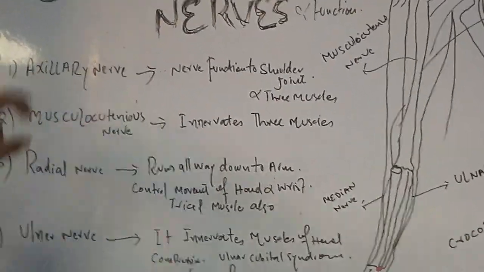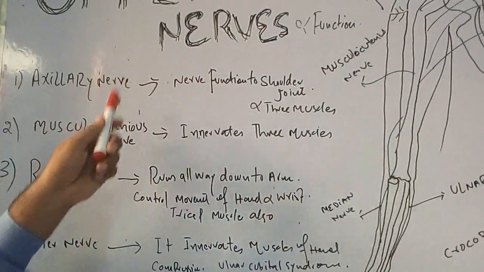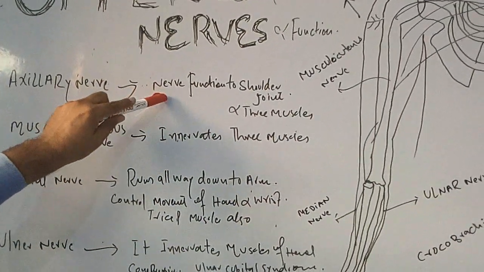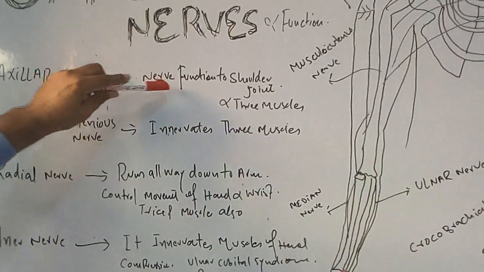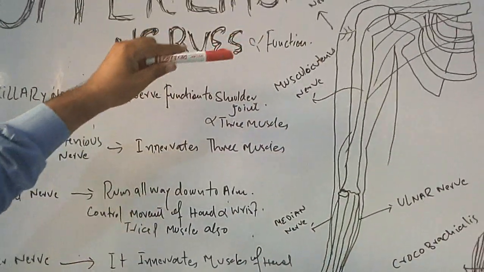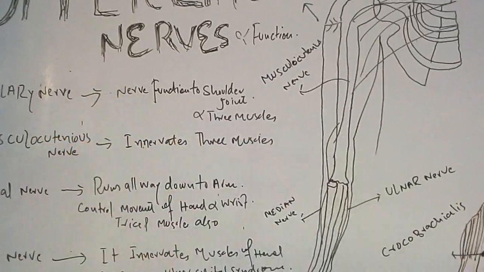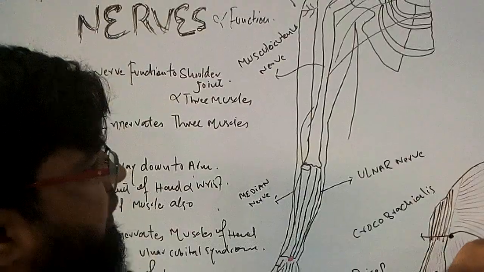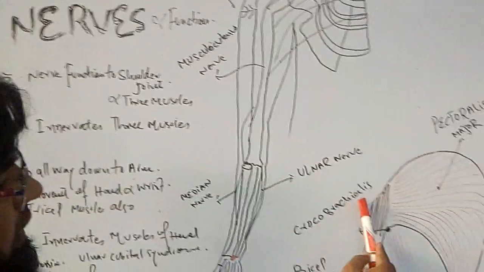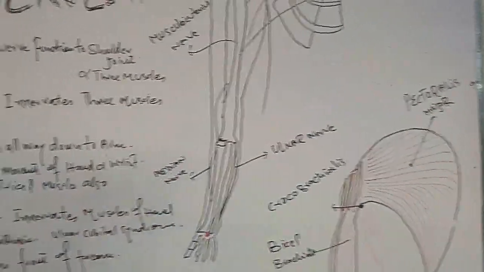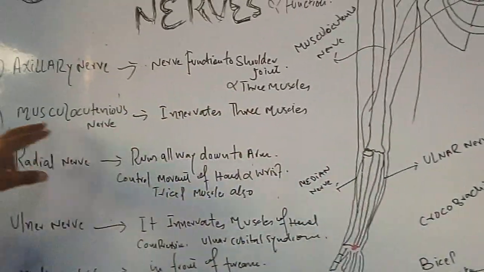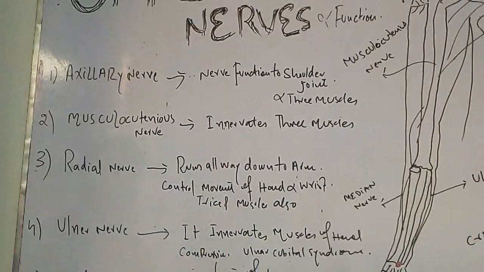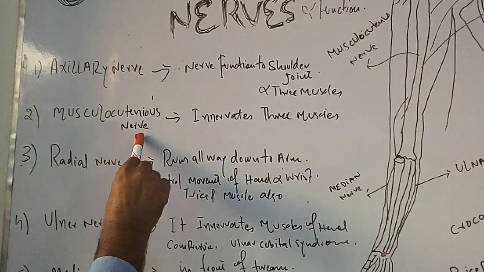The axillary nerve originates from the axilla, and its main function is to serve the shoulder joint, the movement of the shoulder joint, and the muscles which we have discussed earlier: pectoralis major, coracobrachialis, and biceps brachii. Then the second nerve is called the musculocutaneous nerve.